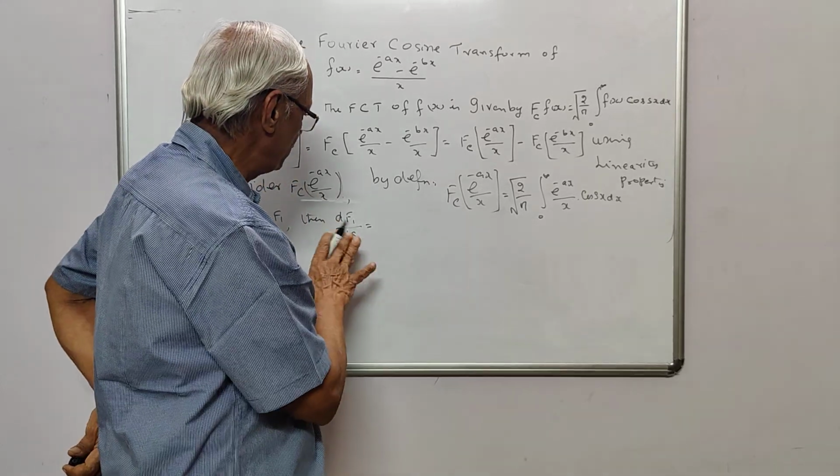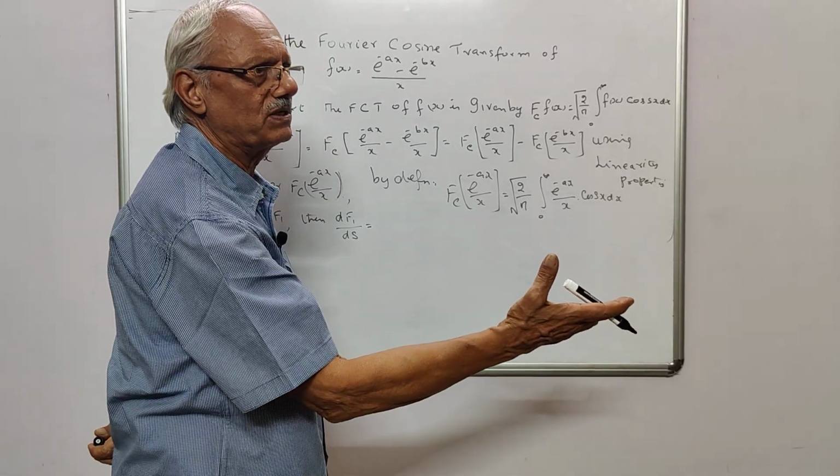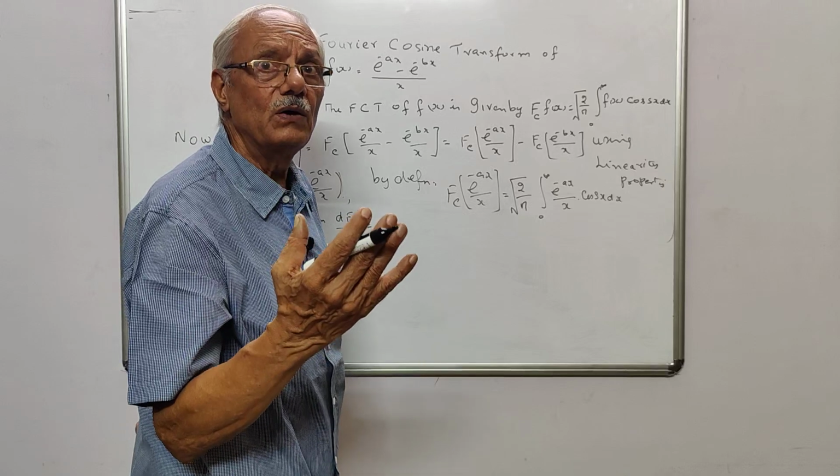So if I differentiate this with respect to s, this has to be partially differentiated with respect to s, because it involves two variables.